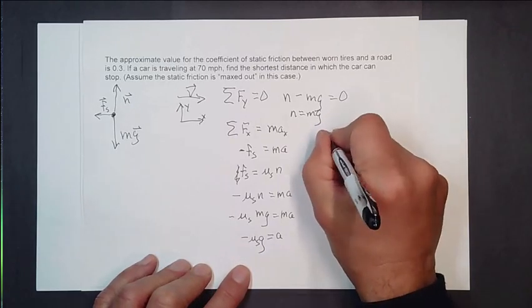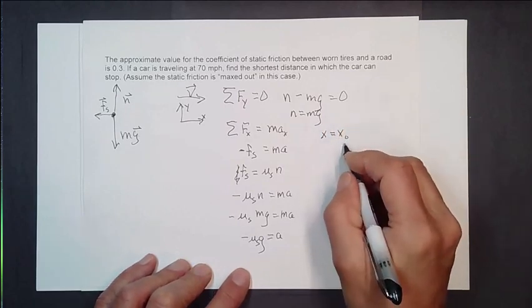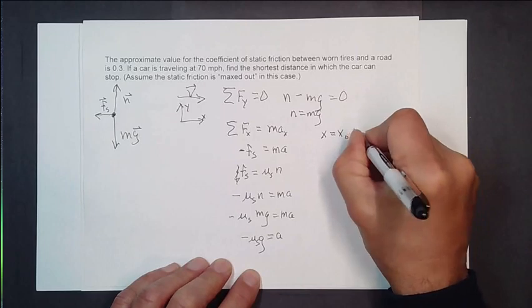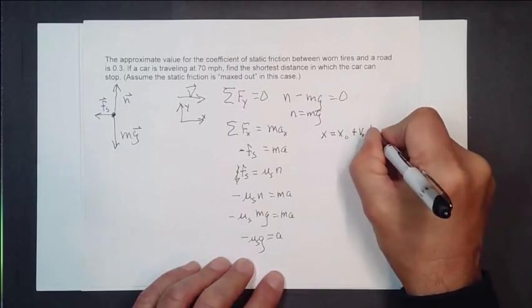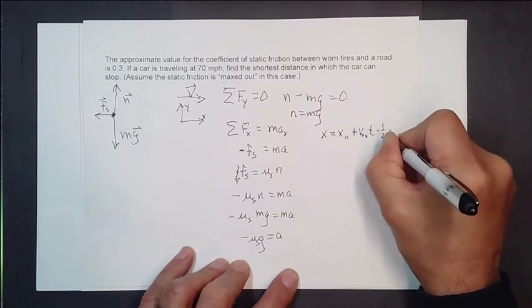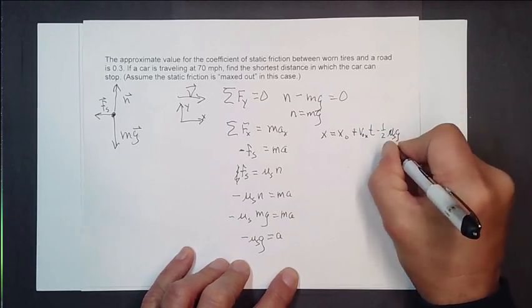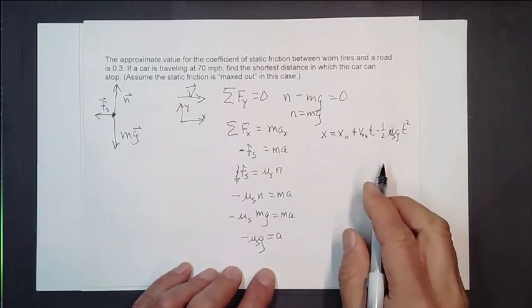Well, we'd have x equals x naught, we'll just let that be 0, plus v naught x t minus 1/2 mu sub s g, that's the acceleration, times t squared. So I could figure it out with this.